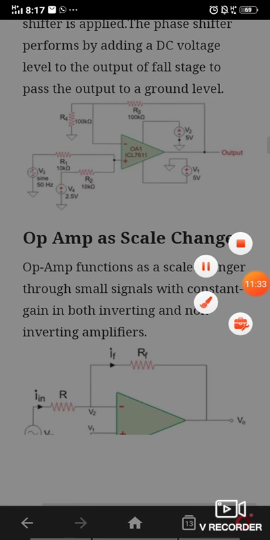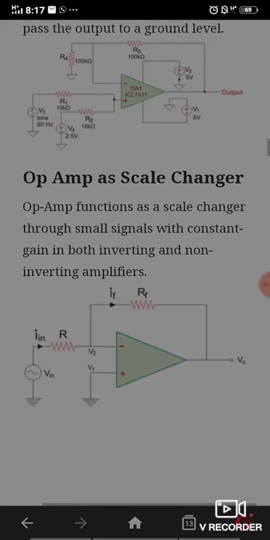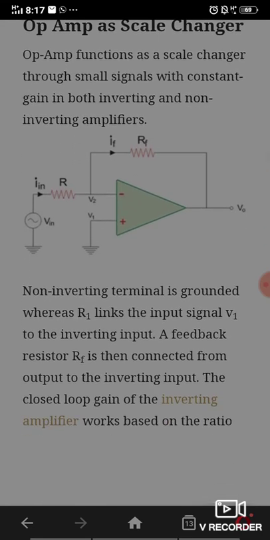So op-amp is a scale changer. Op-amp functions as a scale changer for a small signal with constant gain, as both an inverting and non-inverting amplifier. The non-inverting terminal is grounded, whereas R1 links the input signal V1 to the inverting input. A feedback resistor is then connected from output to inverting input.